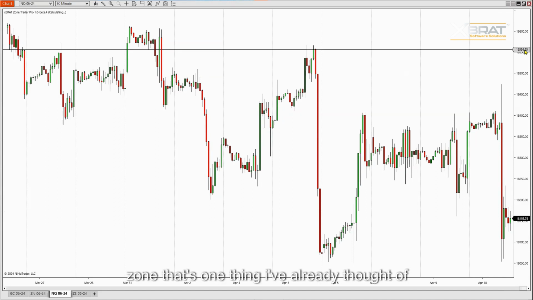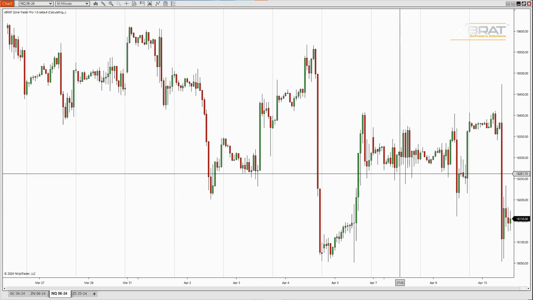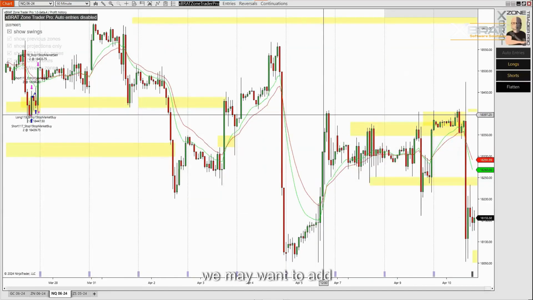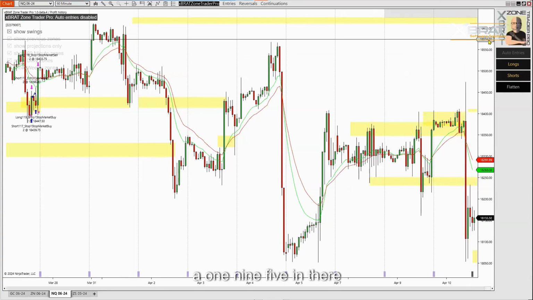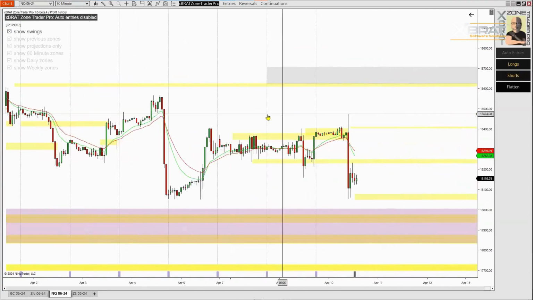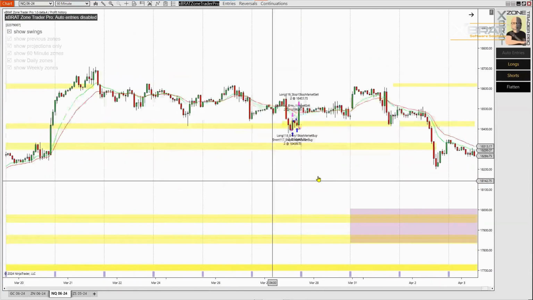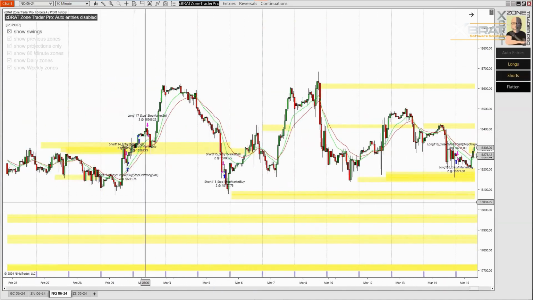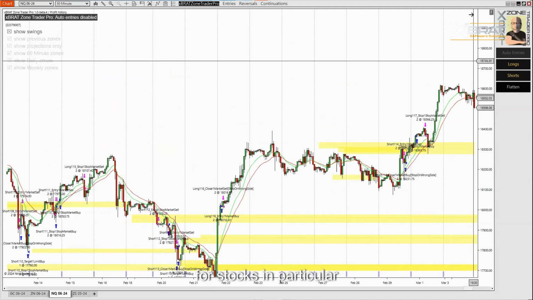That's one thing I've already thought of for when we do our session, because if we're swing trading, we go from 60 to daily to weekly. We may want to add a 195 in there. I think that might be really sensible for stocks in particular.